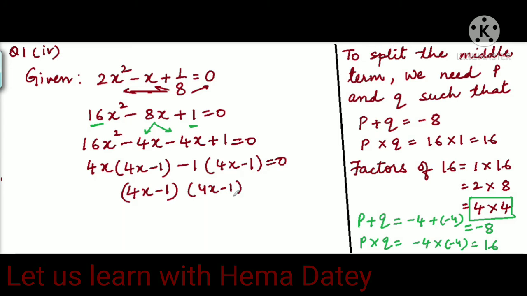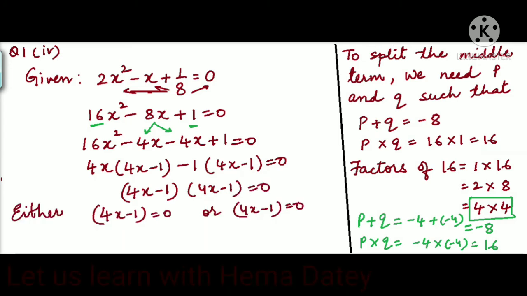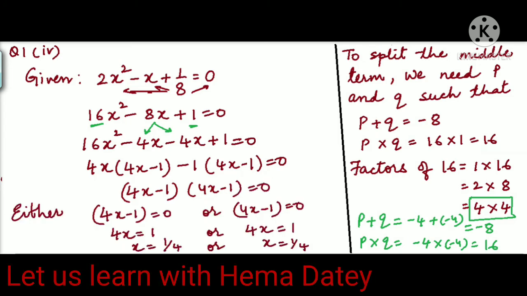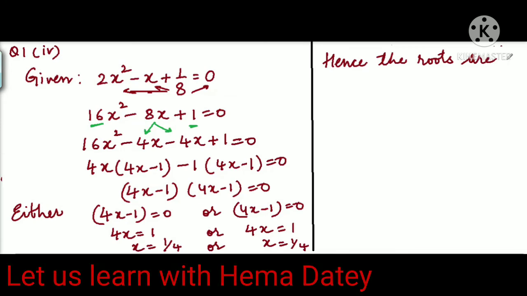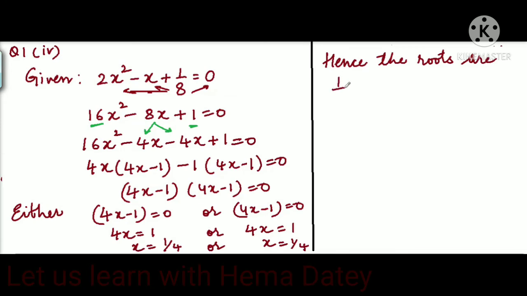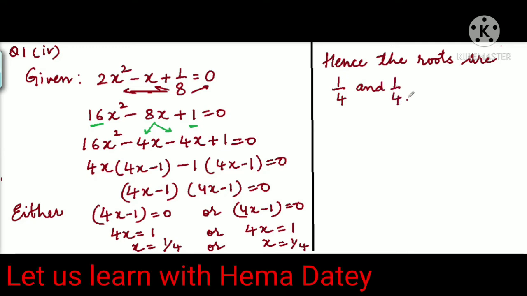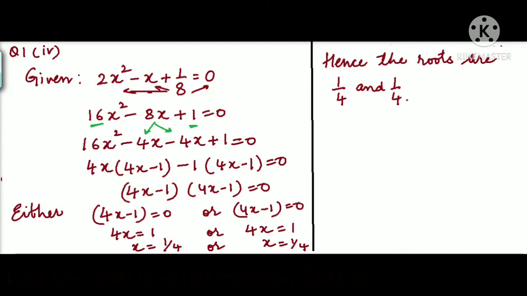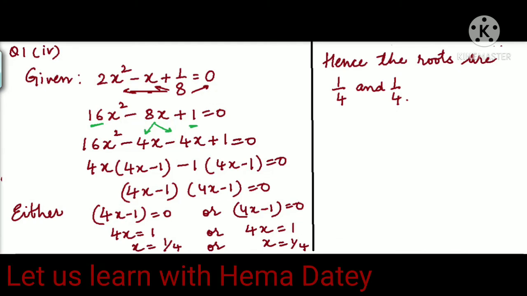Now we get two linear factors, 4x - 1 and 4x - 1 = 0. After solving, we get x = 1/4 and x = 1/4. Hence, the roots are 1/4 and 1/4. For this quadratic equation, both the roots are equal.